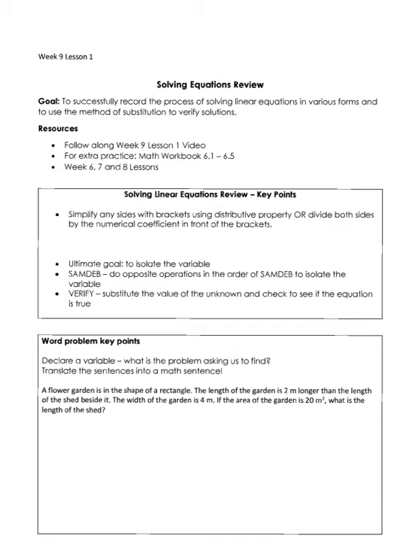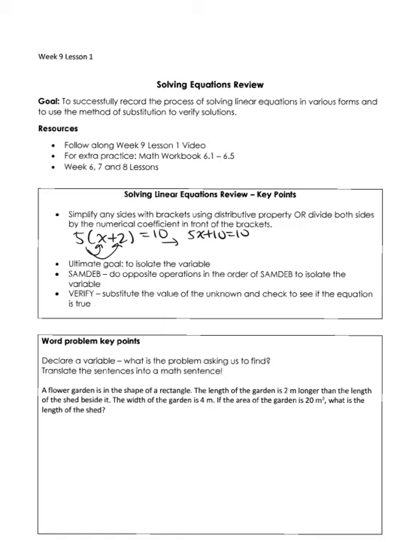Alright, so solving linear equations review, some key points are, from last week, we have to simplify any sides with brackets using distributive property, or we're going to divide both sides by the numerical coefficient in front of the brackets. Okay, so what that means is if we have 5(x + 2) is equal to 10, okay, we can either distribute this and make this into 5x + 10 is equal to 10.